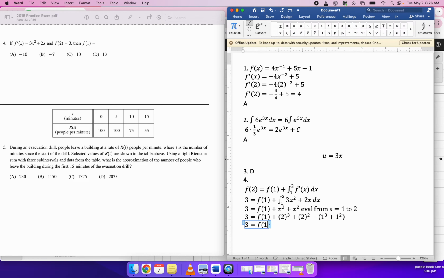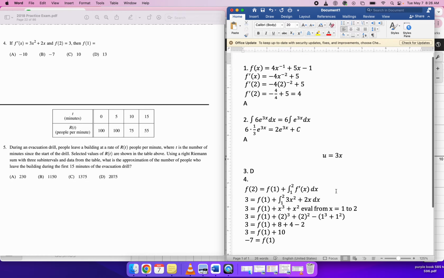So that's 3 equals f of 1 plus 8 plus 4 minus 2. So 3 is equal to f of 1 plus 10. So negative 7 is equal to f of 1. That's one way to do it.